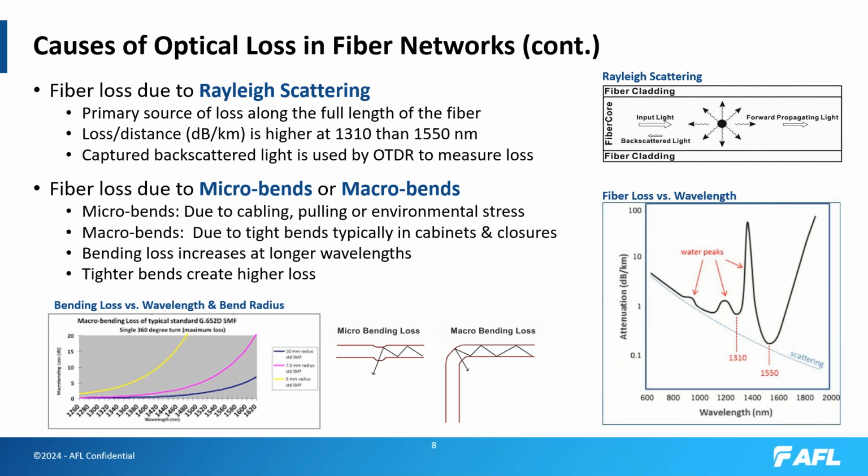And bending loss increases at longer wavelengths, so you will see a more dramatic bending loss at 1550 nanometer than you would at 1310. And you'd see even higher bending loss at 1625 or 1650 nanometer wavelengths, which are often used to test live passive optical networks, FTTH networks. Tighter bends do create higher loss, as you can see in the graph in the lower left-hand corner.